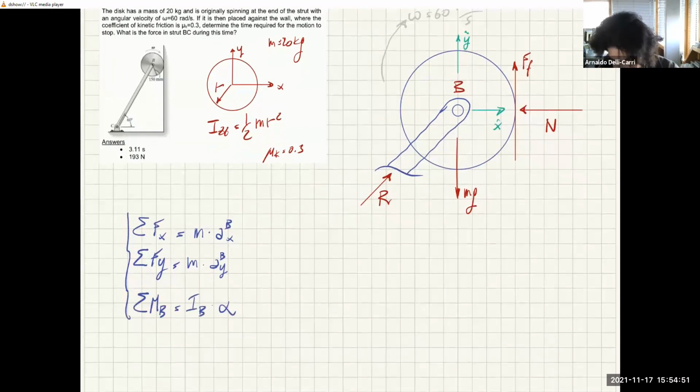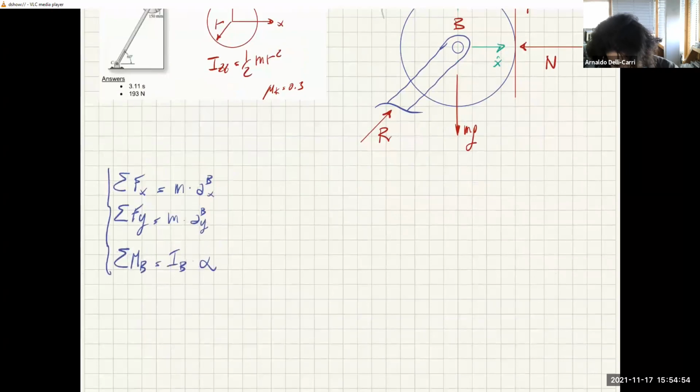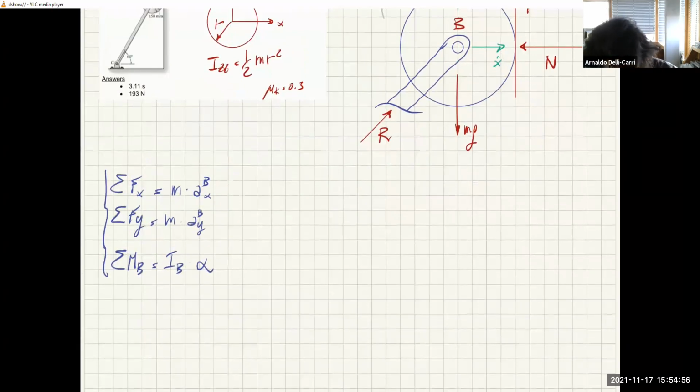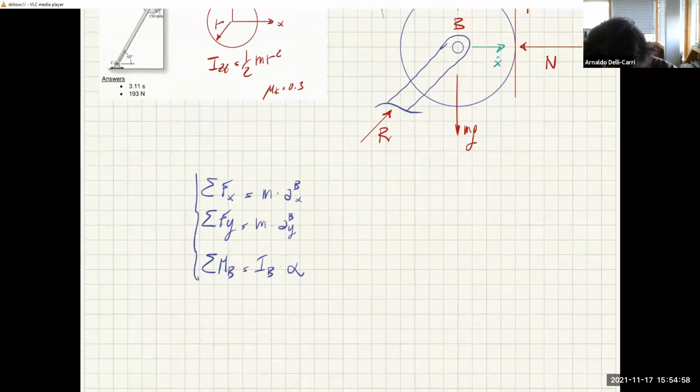Now, let's explicitate these first two. These first two equations are for translations. This one is rotation.